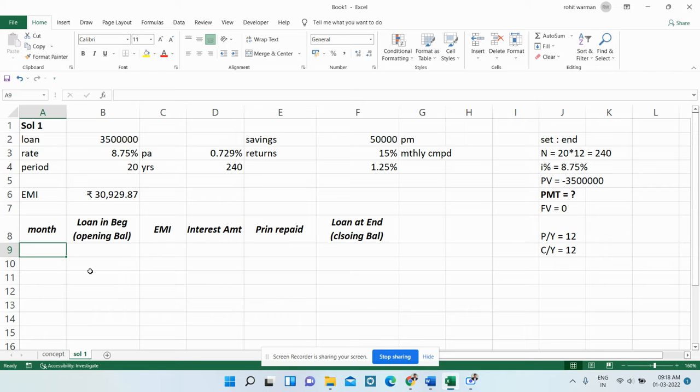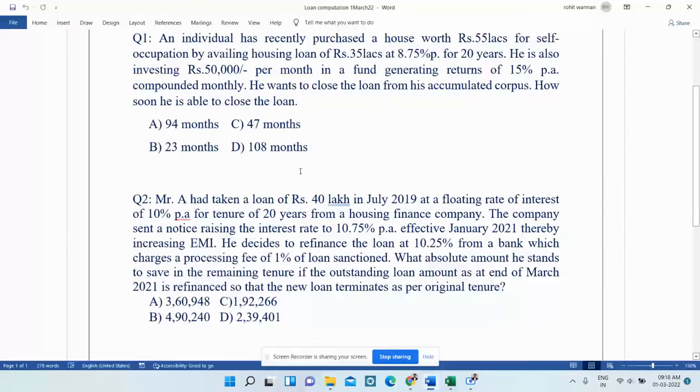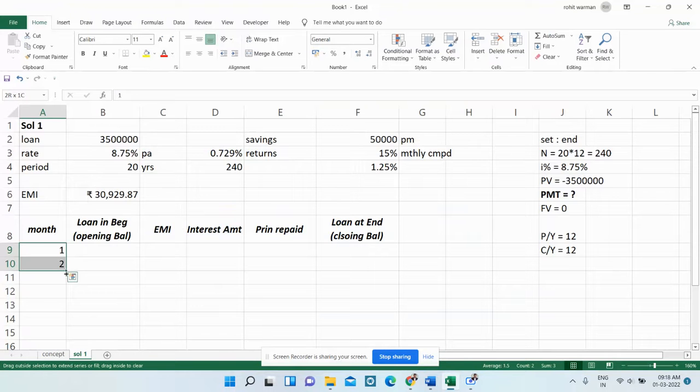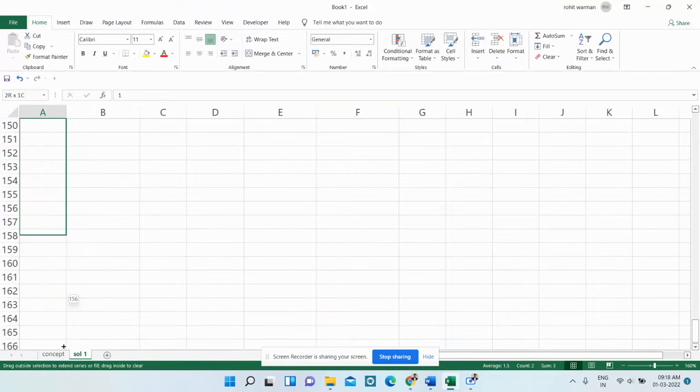So first thing, this is for 240 months. But if you see the option, the maximum value is 108. So I'll go with 108, or even if I take 240, it will take hardly 5 seconds more to do it.